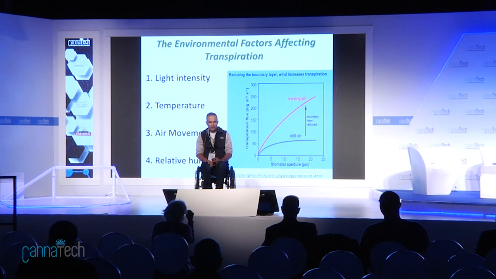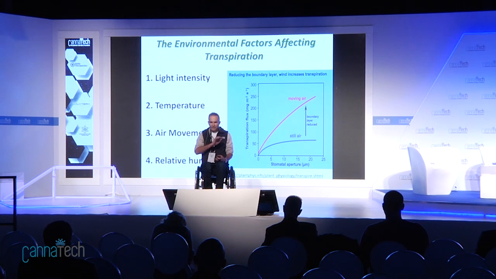Air movement. You can see in this graph that when we move the air above the leaves, we can get 5 times more transpiration flux. This is very important because the air movement takes out the boundary layer.